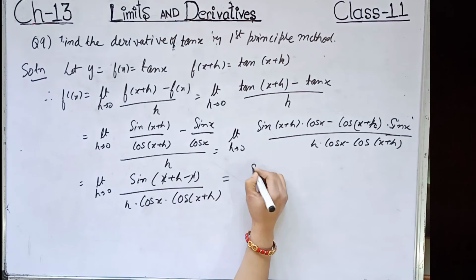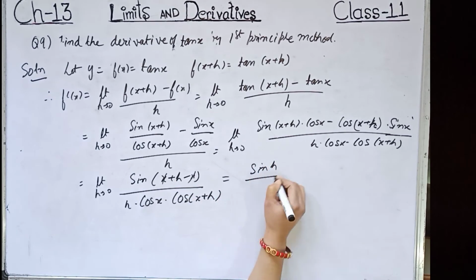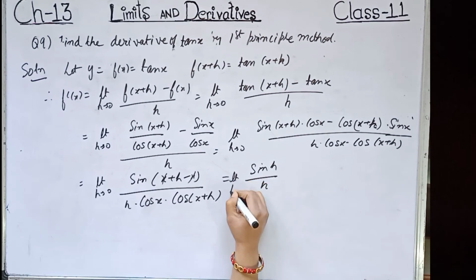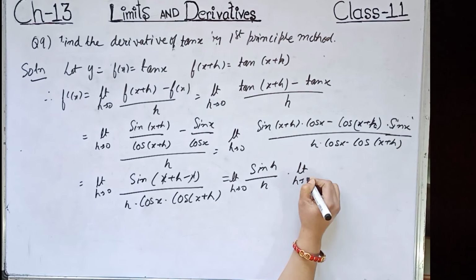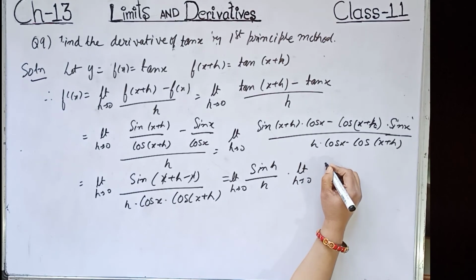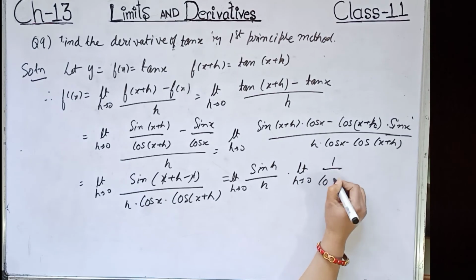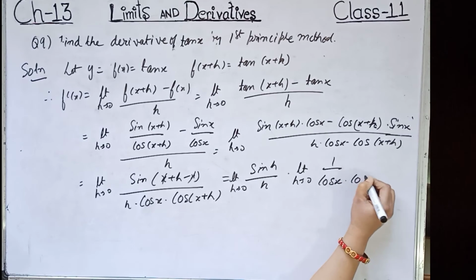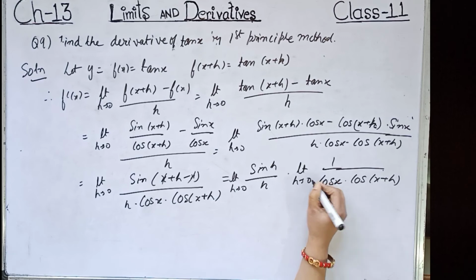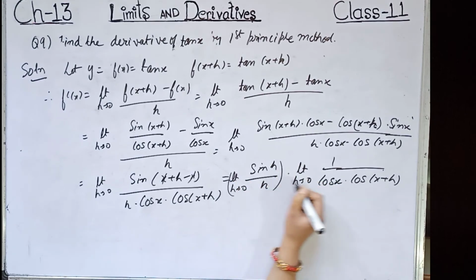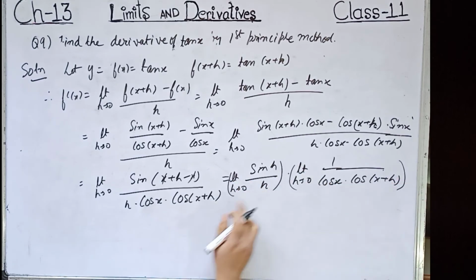So we are getting limit h tending to 0 of sin h by h, into limit h tending to 0 of 1 by cos x into cos of x plus h. So over here we can write 1.